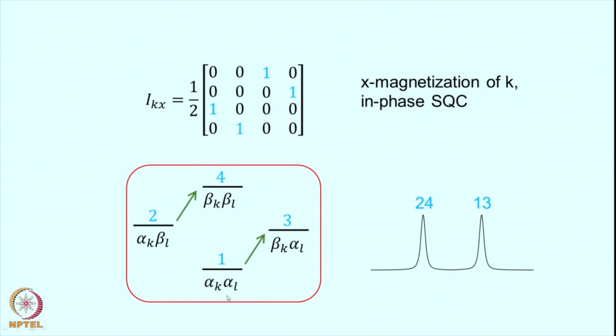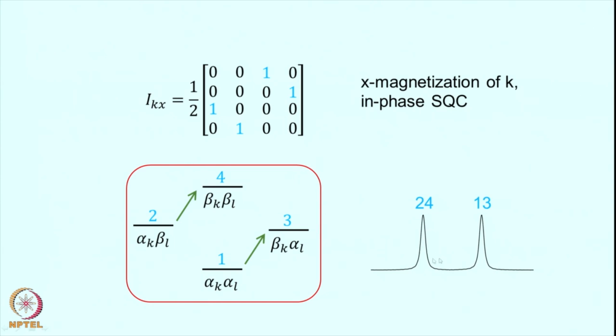Alpha L spin is the same, alpha L, and it is a K spin which is going from alpha to beta, and similarly here in the 2,4 transition it is a K spin which is going from alpha to beta, L spin remains the same. Therefore these two are positive, therefore these represent K spin coherences, and therefore that represents K spin X magnetization. Now if I were to draw this in terms of the coherence as the NMR spectrum, because the coherence will appear as magnetization which is observable in the NMR spectrum.